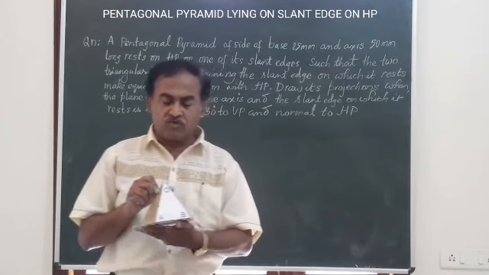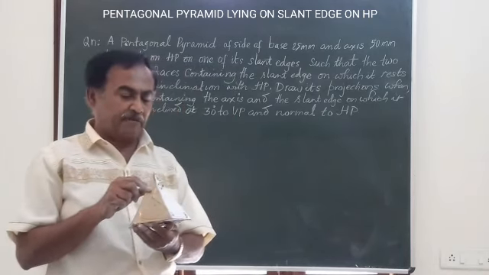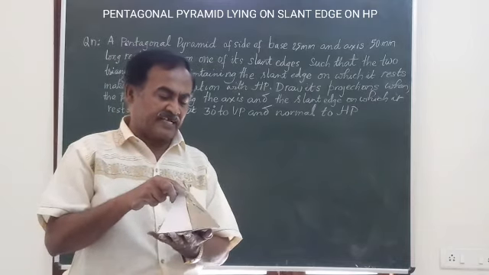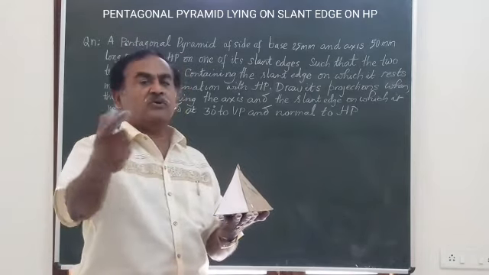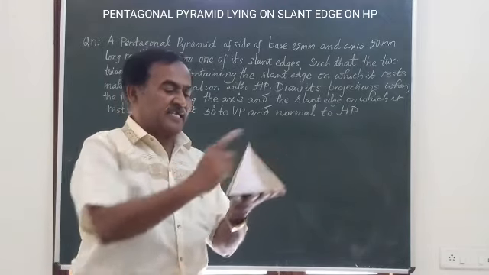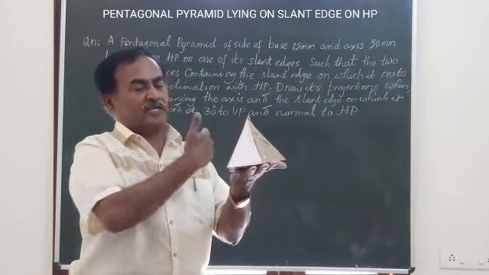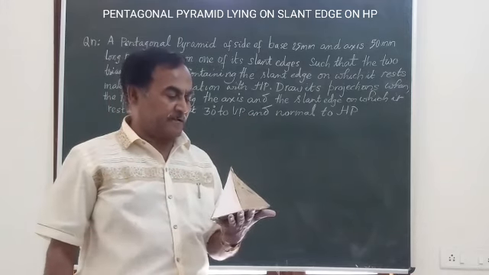So friends, I am showing you here. I am going to place this pyramid on HP, on its base, such that the corner A of the solid will come to the right side of the observer, and very obviously the side opposite to that will be normal to VP, the vertical plane.